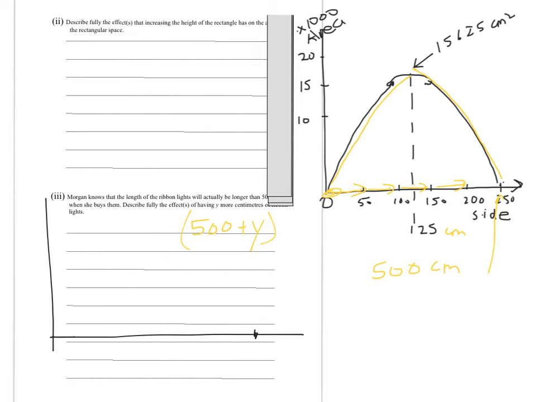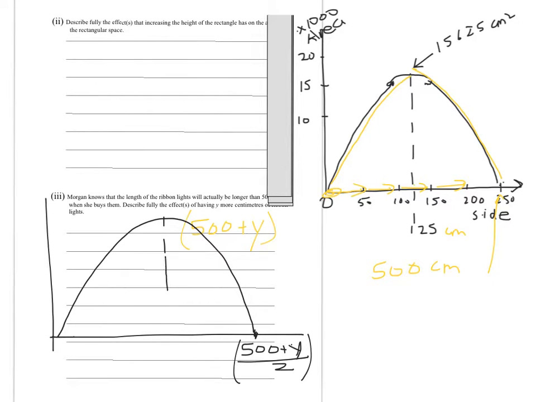The end point of my graph is going to be half of 500 plus y over 2. Half of that is going to be my maximum point, and the graph's going to go in the parabola shape.